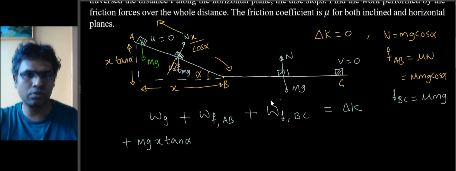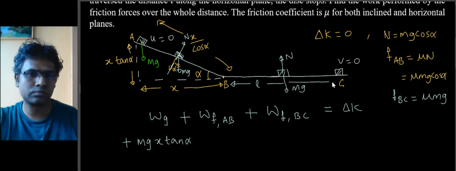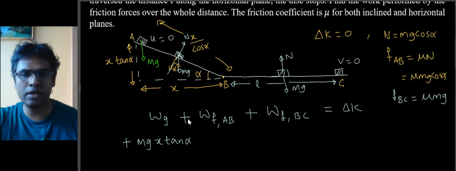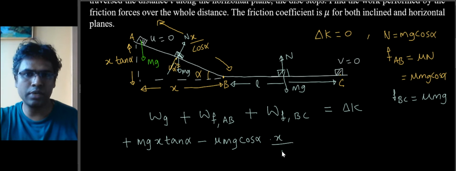You need to note this difference, and then BC is given as L. So if I write down the work done by friction from A to B, the work done by friction is obviously negative, so minus the frictional force mu mg cos alpha, and the displacement is x by cos alpha.